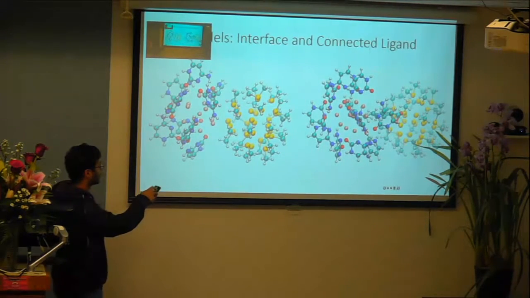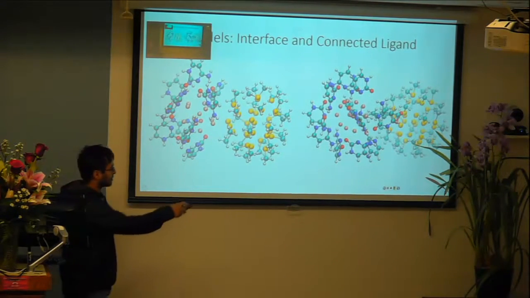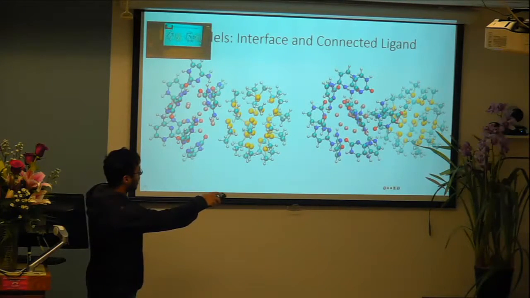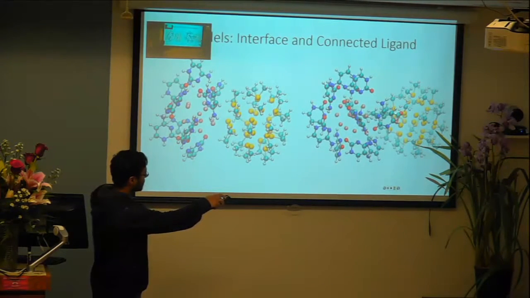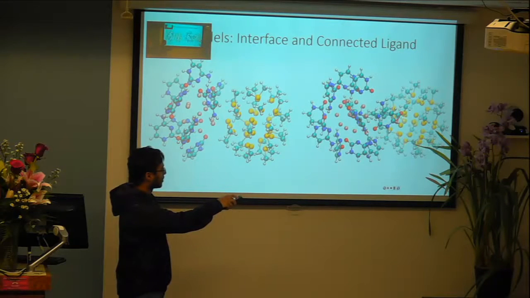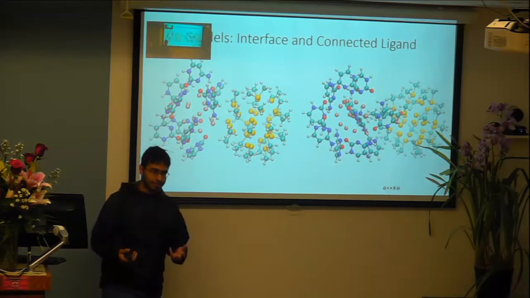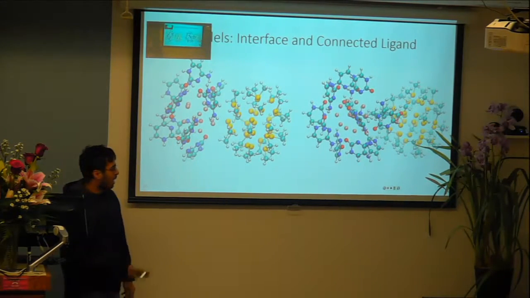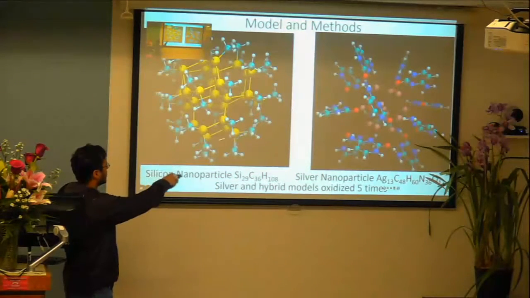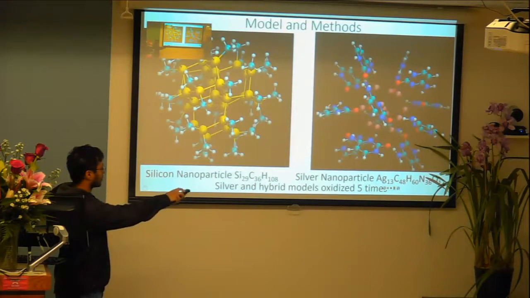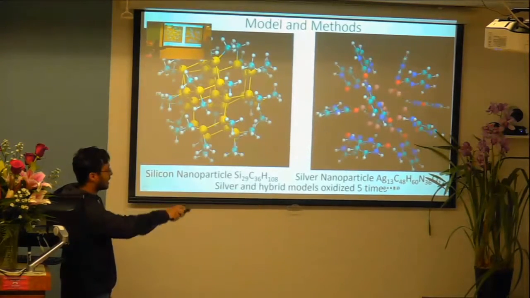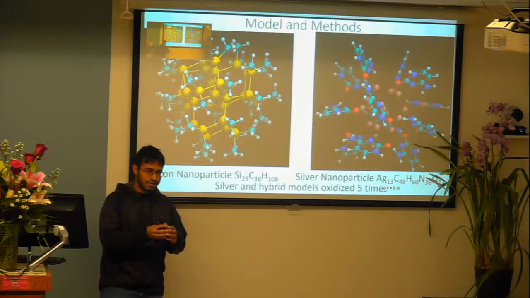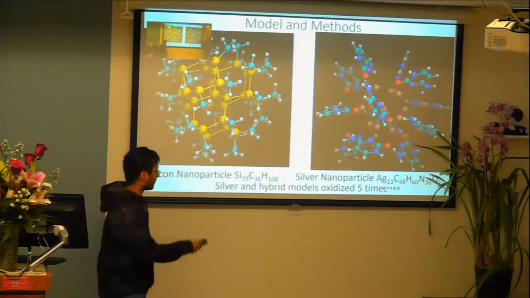Here on this slide, you can see 2 more models, one where some of the organic chains are removed from both of the nanoparticles, and on the right-hand side, a large ligand connected to the silicon nanoparticle. Both of these are different morphologies than when we just consider the silicon nanoparticle and the silver nanoparticle, as well as when we take both of these models and place them in the same input file.